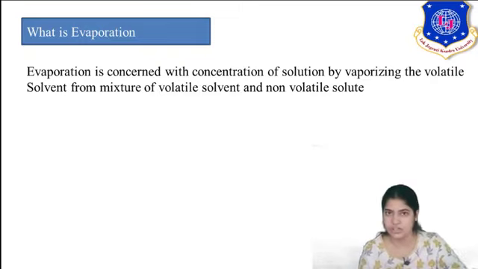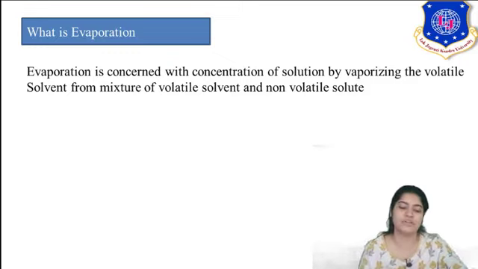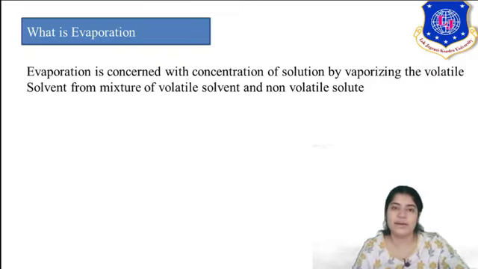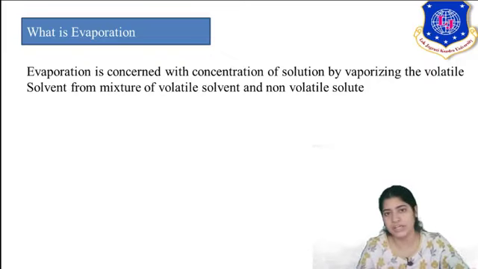Taking an example of a salt water solution, water is my volatile solvent, but salt is a non-volatile solute. In evaporation, heat is supplied to the solution, and because of heat, the volatile material vaporizes, so the concentration of solute increases.